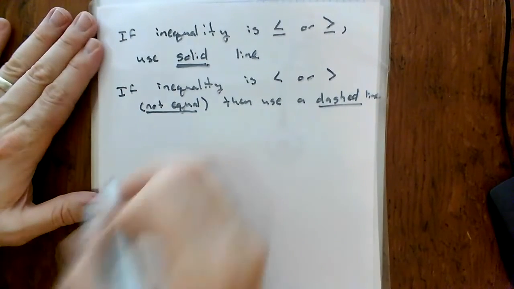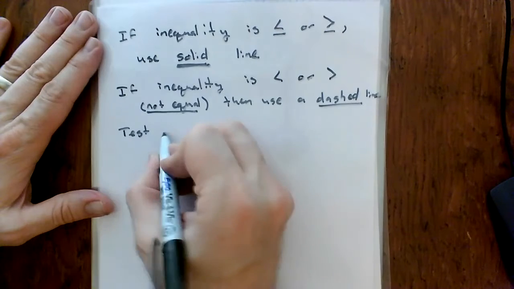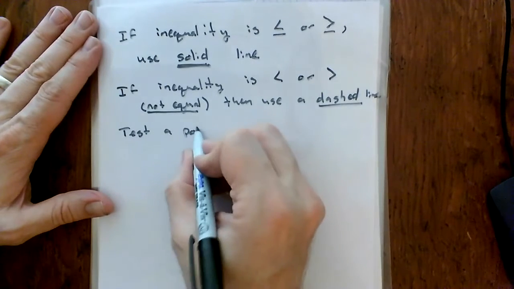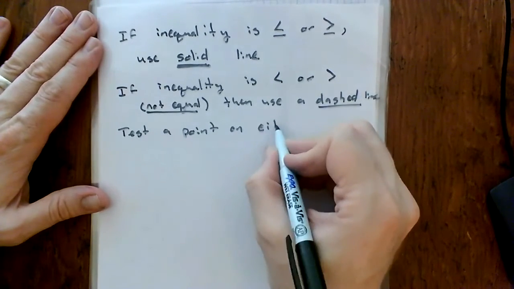And then we should test a point on either side of the line.